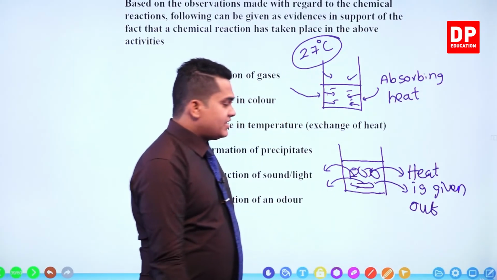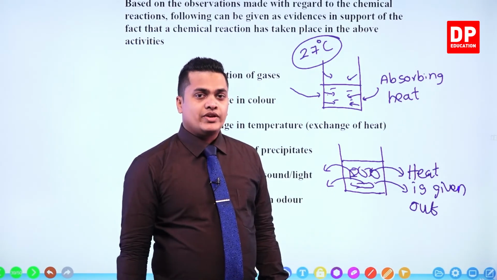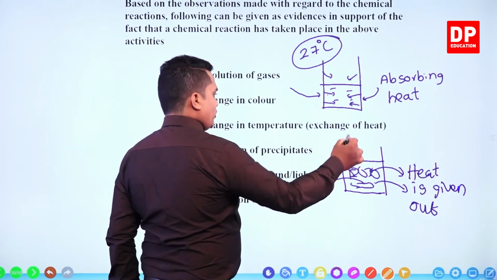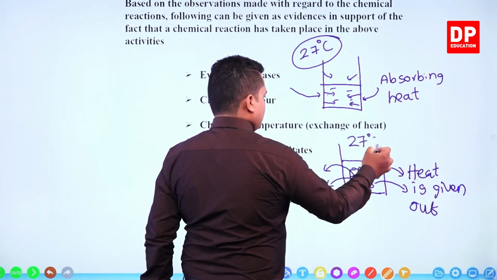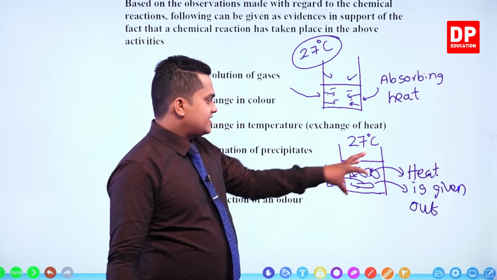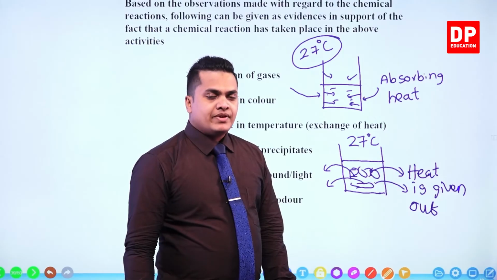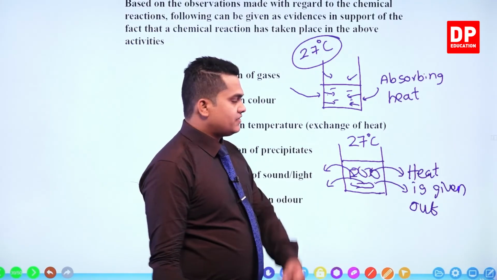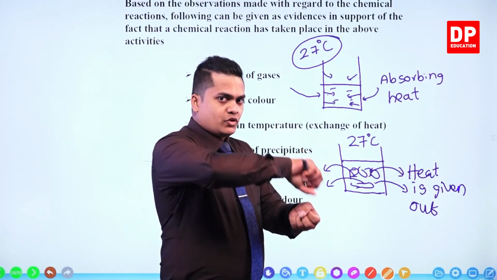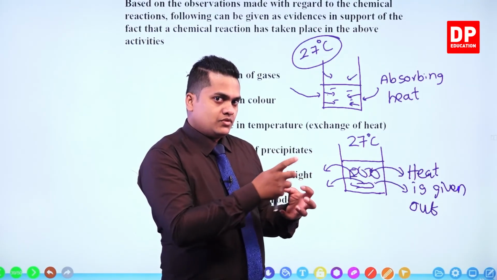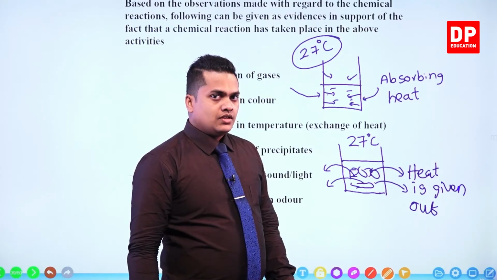So if heat is given out, then the container is going to increase the temperature. Let's assume that when I mix these substances within the system together, the initial temperature was 27 degrees Celsius. After I add these substances, we shake it for some time so that they will mix with each other.